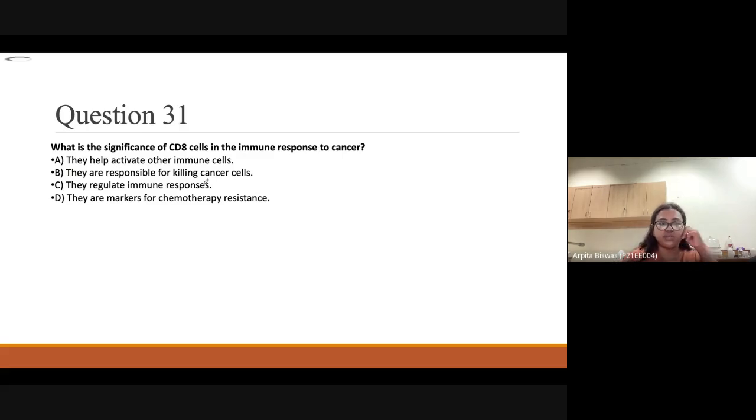So, the right option is option B. They are responsible for killing the cancer cells.